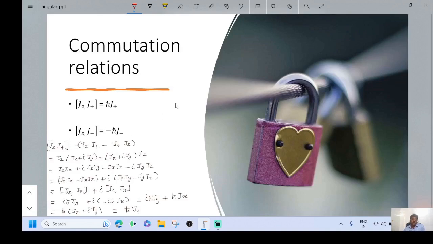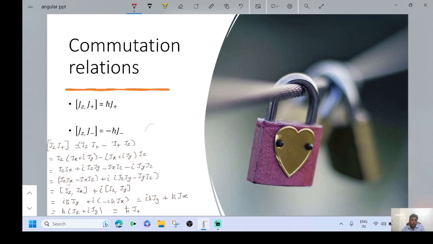Commutation relations. Find the commutation relation between Jz and J plus. [Jz, J plus] is h cross J plus, and [Jz, J minus] is minus h cross J minus. Here [Jz, J plus] equals Jz J plus minus J plus Jz. The value of J plus is Jx plus iJy. Multiplying, we get Jz Jx plus i Jz Jy minus Jx Jz minus i Jy Jz.